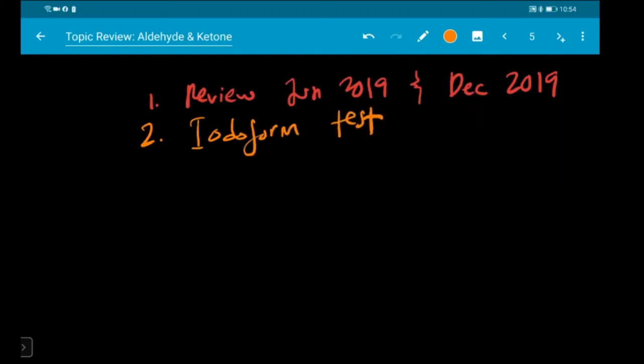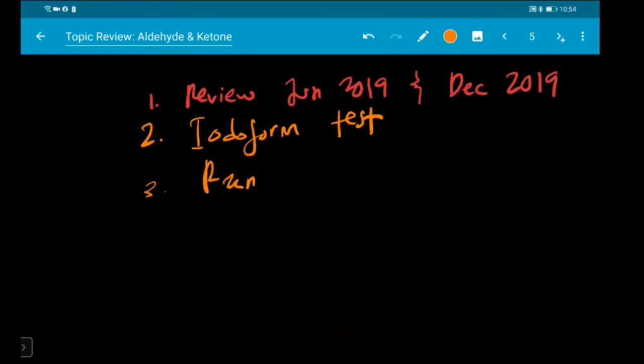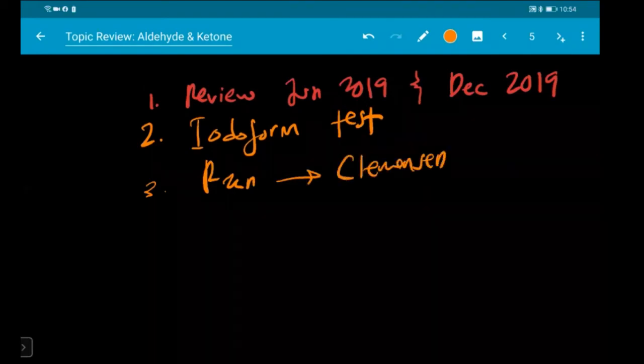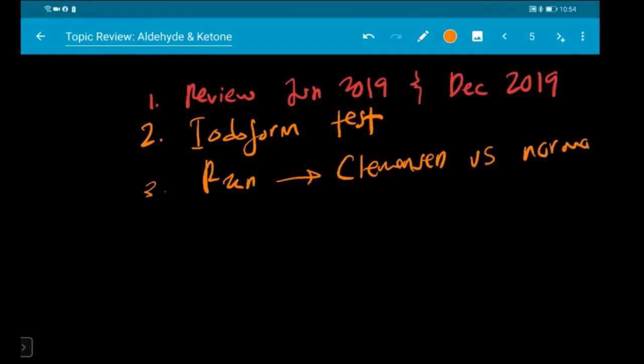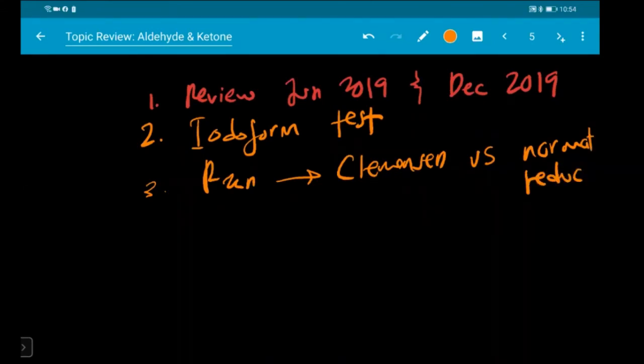Alright, tolerance test tadi saya tak go into detail, tapi korang kena tahu iodoform test apa. The third thing is we talk about the reaction. Ni sebagai tambahan kita ada sembang pasal Clemmensen tu. Tak berapa penting. Clemmensen versus normal reduction. Yang last kali we talk about chemical test. So guys, this is the content of our discussion for today.